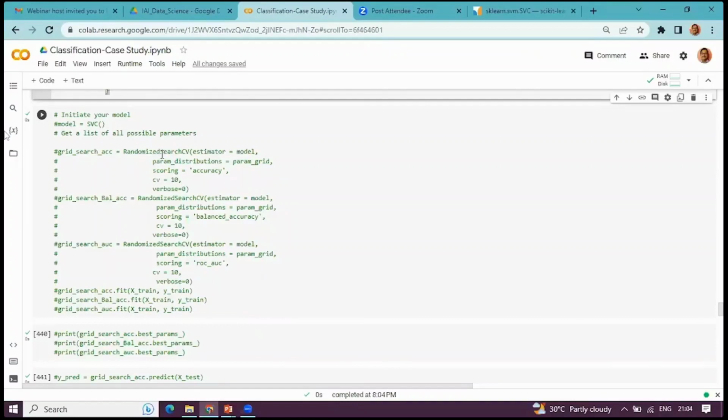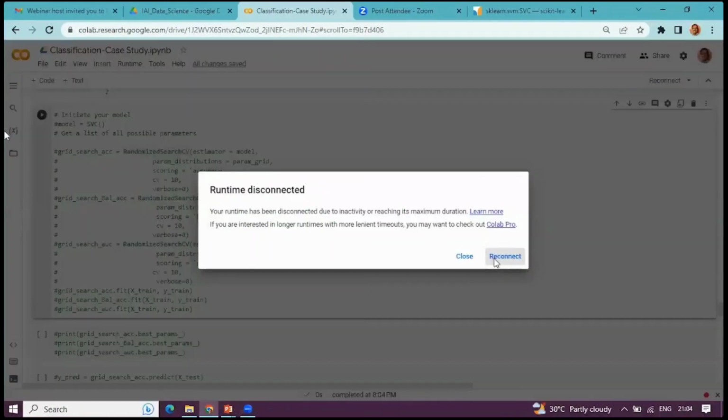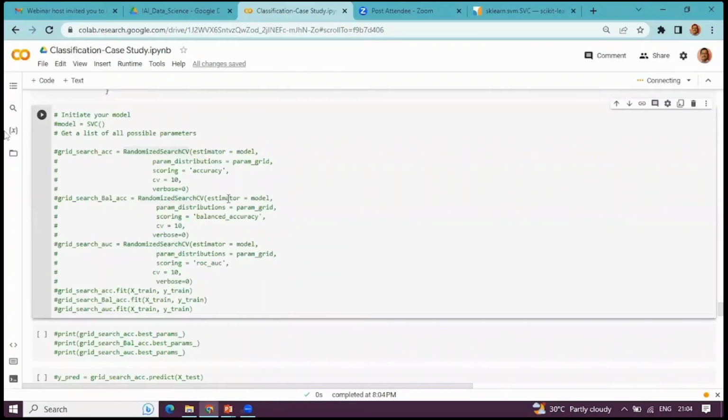Or if you want to randomly take some number of observations and simply continue, then you can go with a randomized search. But generally these kinds of problems will take quite a good amount of time. Because we didn't have much time today for the class, since I started off late, I just commented these lines out. But in case you want, you can uncomment them and run this.